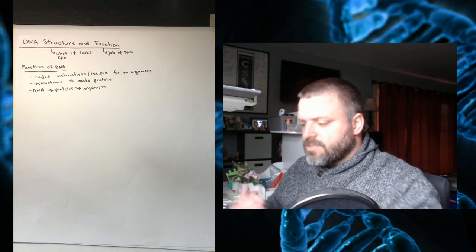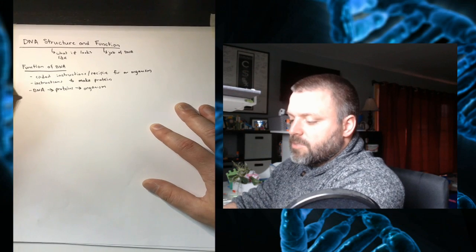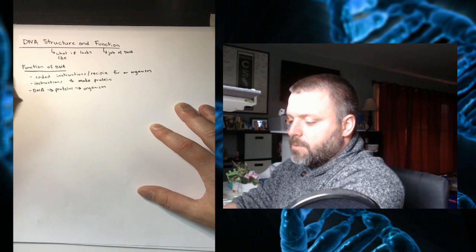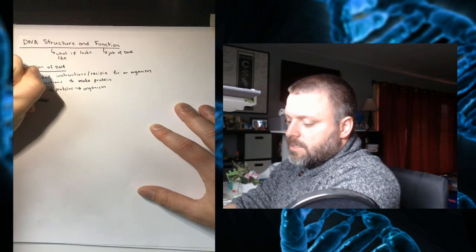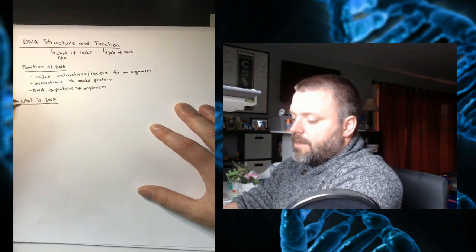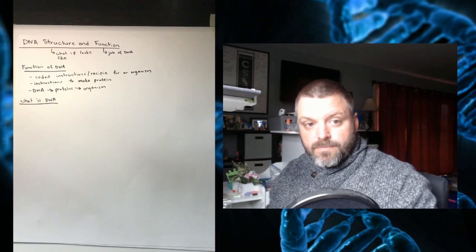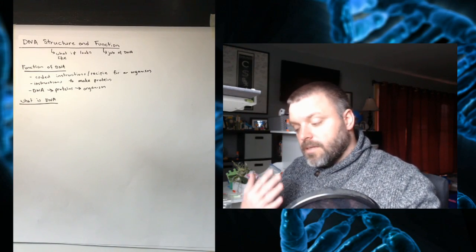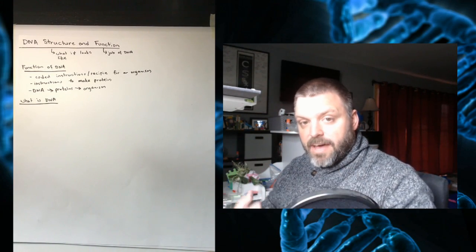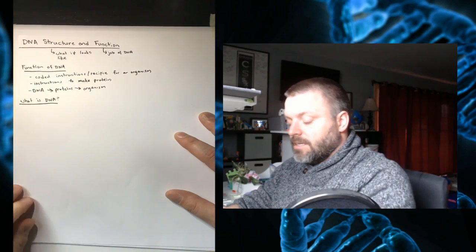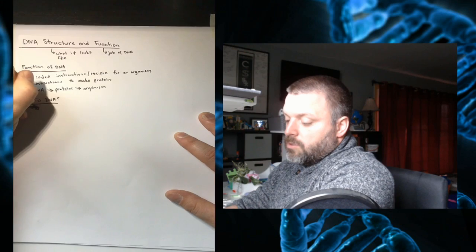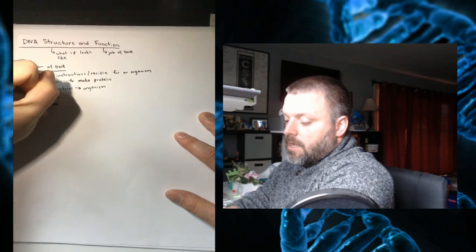So let's talk about what DNA actually is before we get on to the structure. What is DNA? Well, DNA is a macromolecule. Remember, macro means big, and a molecule is a bunch of atoms combined together covalently. DNA is a nucleic acid.